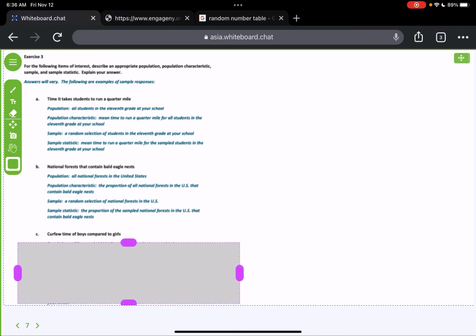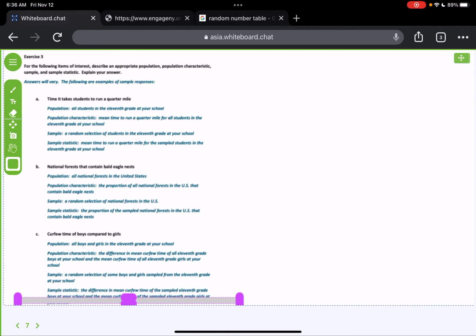All right, let's look at curfew times of boys compared to girls. Well, we could have all the boys and girls in 11th grade at your school. If that's the population, and we take the mean of the boys and subtract the mean of the girls, we would have a population characteristic of the difference in means.